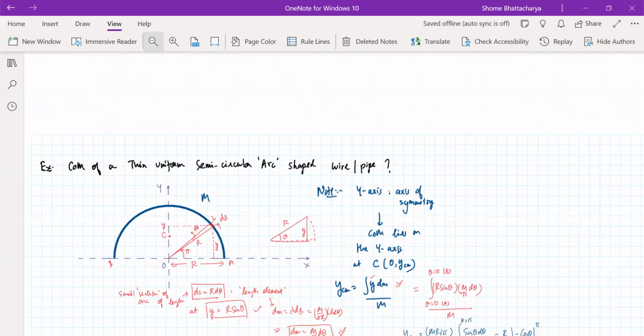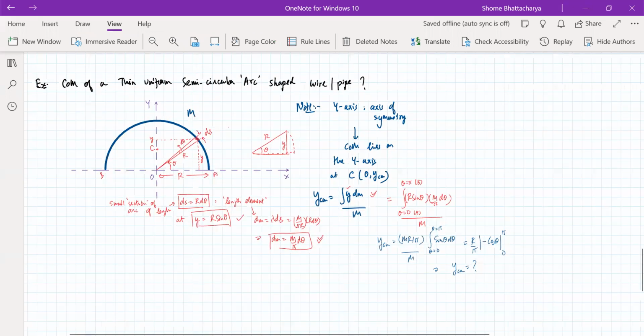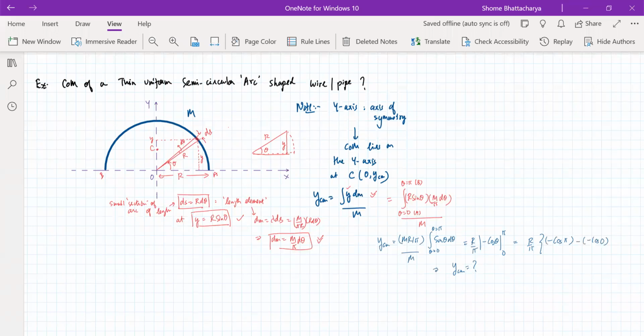I'll just write the final step here for everyone. So when I put the limit, I'll get minus cos pi, minus of minus cos 0. So that's how I'll get minus of minus 1, because cos pi is minus 1.